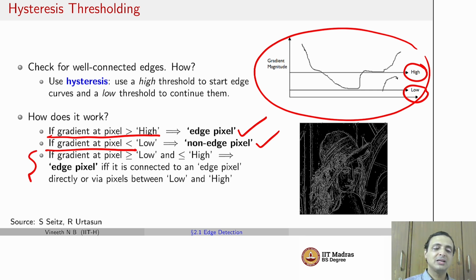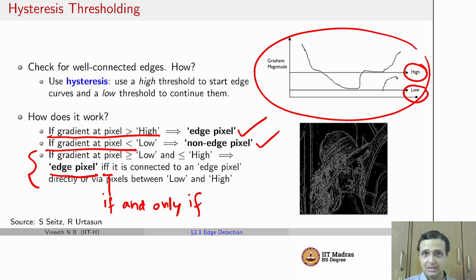Now, what happens if the gradient at a particular pixel lies between these two thresholds? Then you consider that particular pixel to be an edge pixel if and only if, remember this if stands for if and only if, that pixel is connected to an edge pixel directly or via other pixels between low and high.